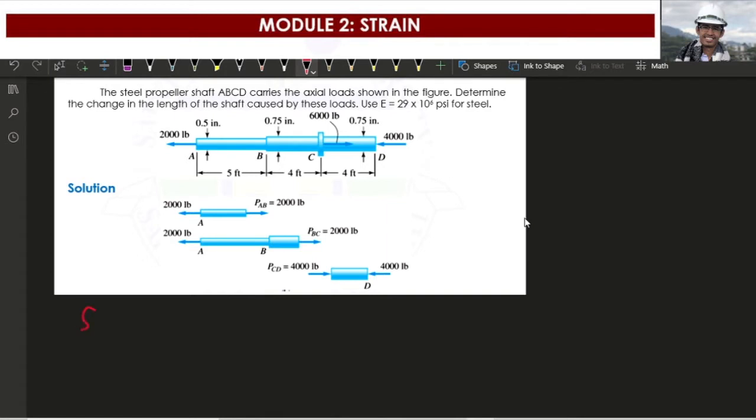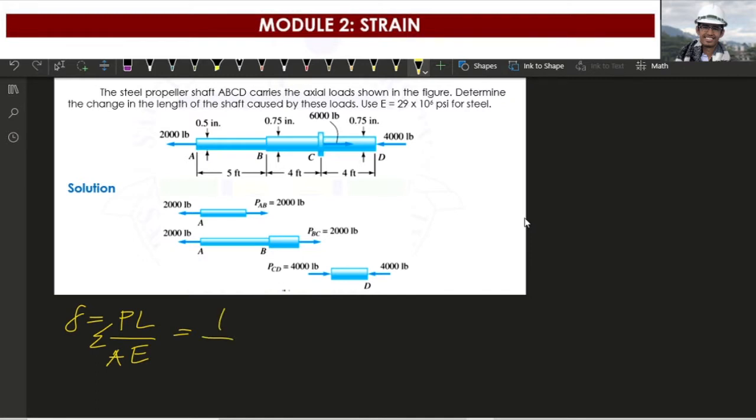we say the elongation is equal to the force times the length over the area times the Young's modulus. What we will do is the summation of the elongation caused by the effect of our forces AB, BC, and CD. Since E is constant, 29 times 10 raised to 6 psi, we can take it out.